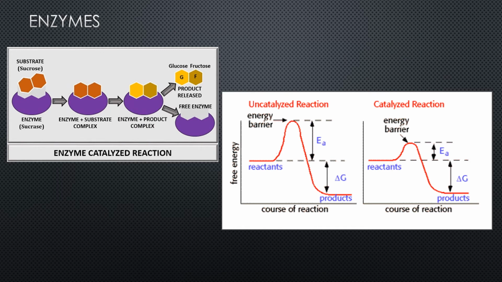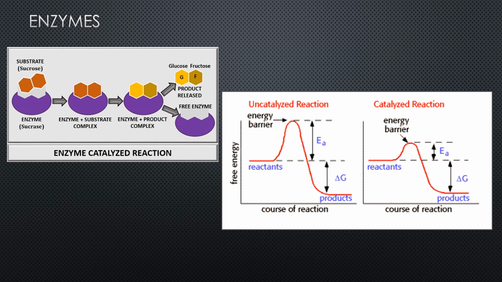So let's just talk about enzymes for a quick second because they are so important within cells. Like I said, they allow chemical reactions to happen faster in a cell. Any chemical reaction starts with a substrate and then it ends with a product. And most of the time in a cell, those chemical reactions are probably going to happen, but they're going to take a lot of time if they're left on their own.